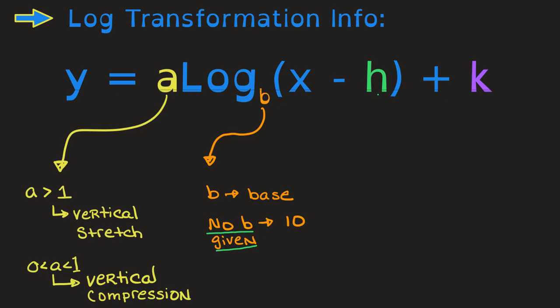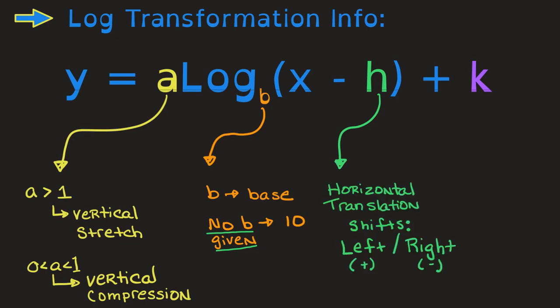All right, so h is going to be our horizontal translation, left and right. I like to think about it as a hypocrite, because when you first see it, a negative h you would think goes left, but it doesn't. It's going to shift right, and a positive h will shift left. And then we're going to have k. k, I like to call it my special k.